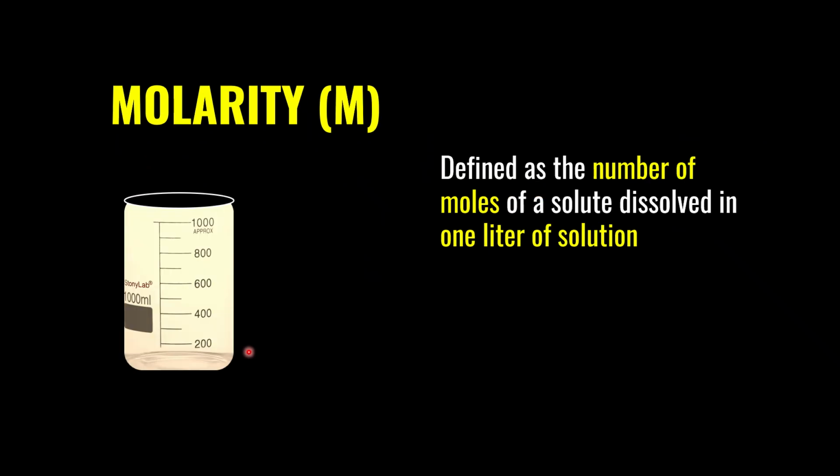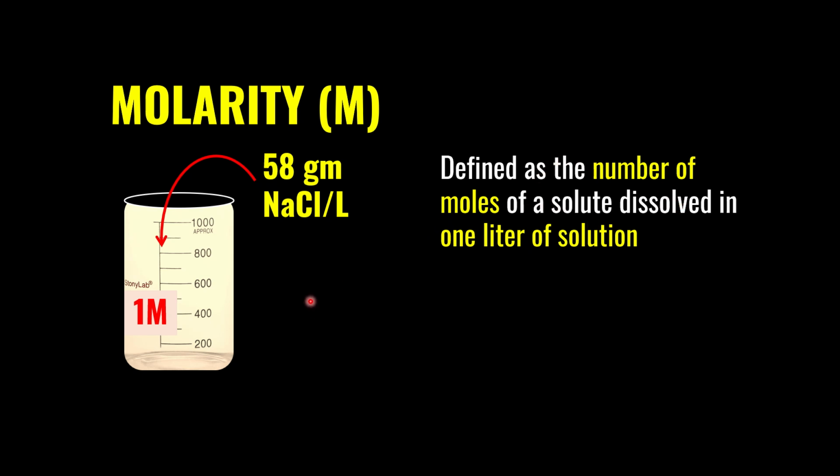So now coming to the main part of the video, the molarity. Molarity basically tells you the strength of the solution. It is defined as the number of moles of a solute dissolved in 1 liter of solution. This distinction must be made very clear here, that you have to consider 1 liter of solution, not 1 liter of solvent.